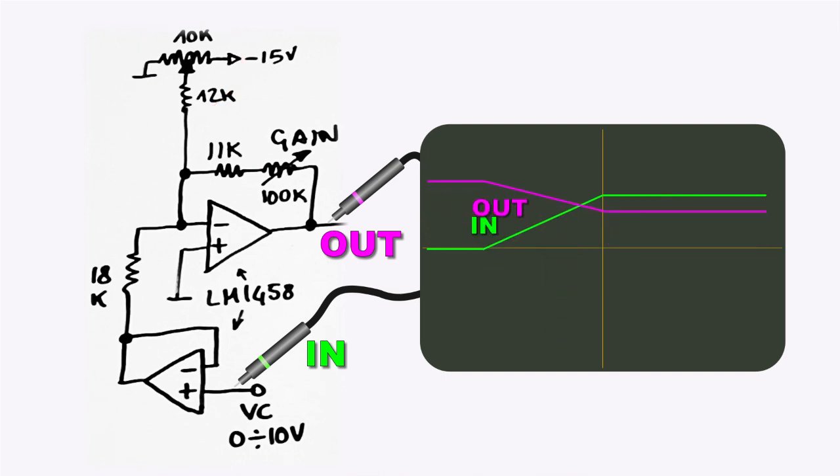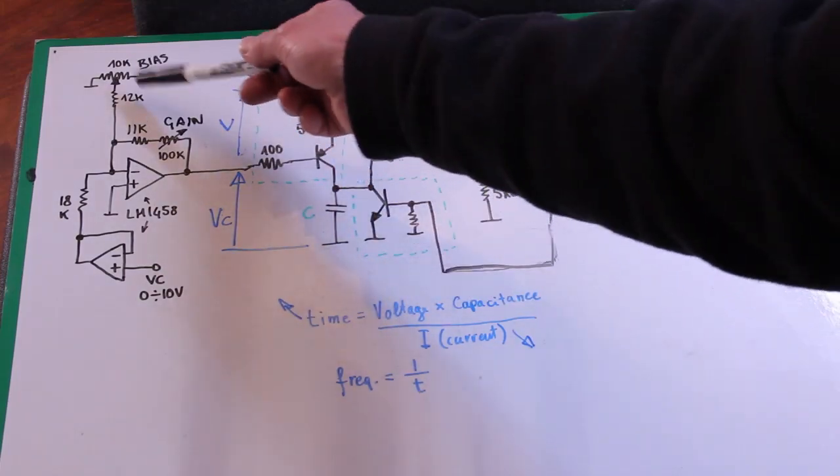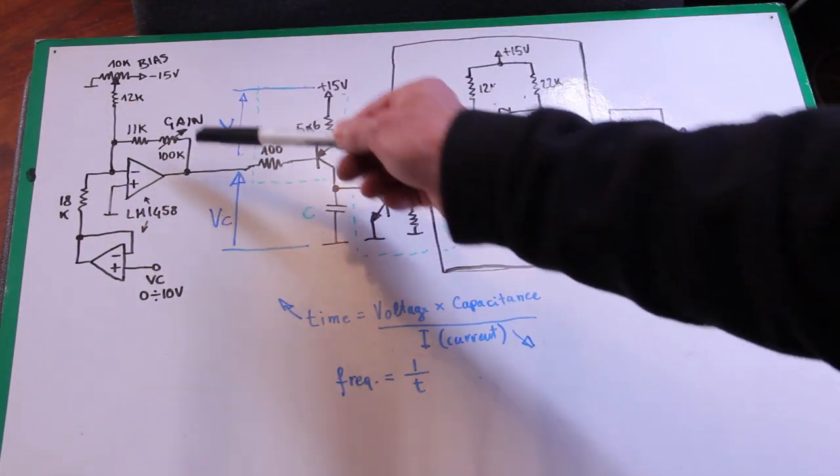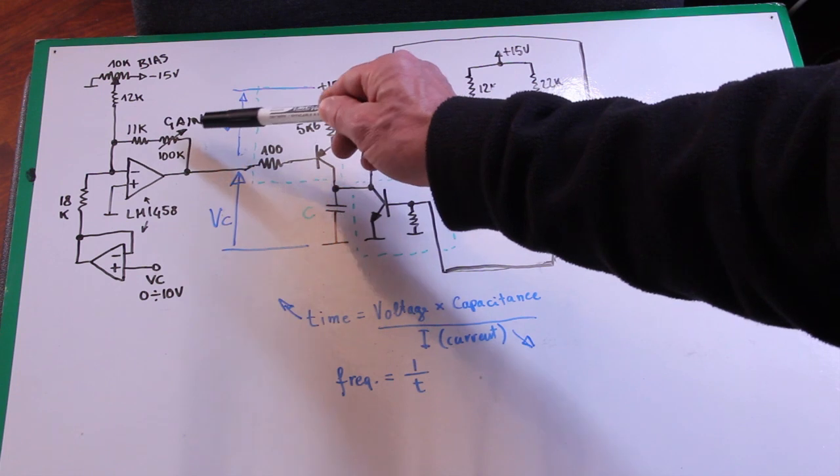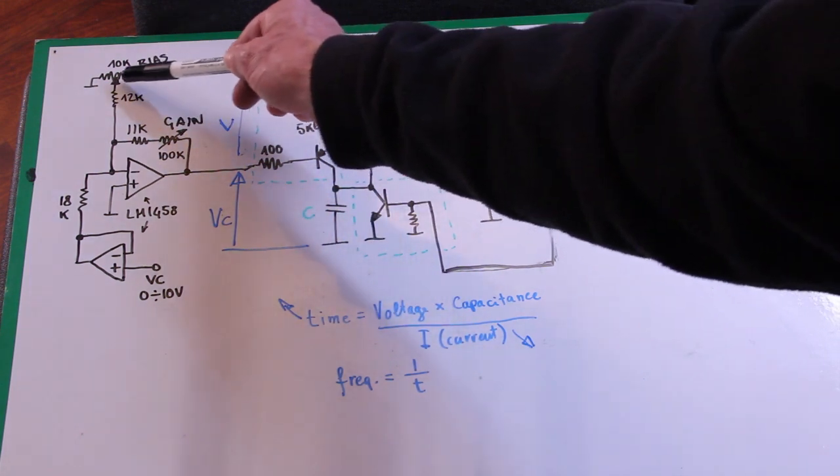And this is a little bit tricky to adjust because we have the gain and the bias that act on the same operational amplifier, but it is in reality quite simple.